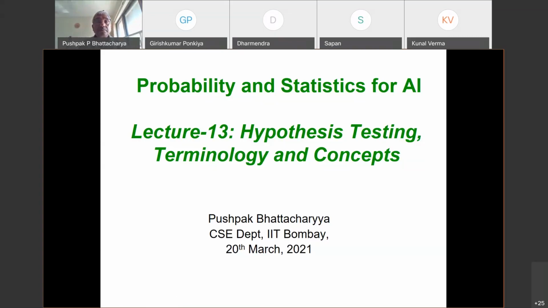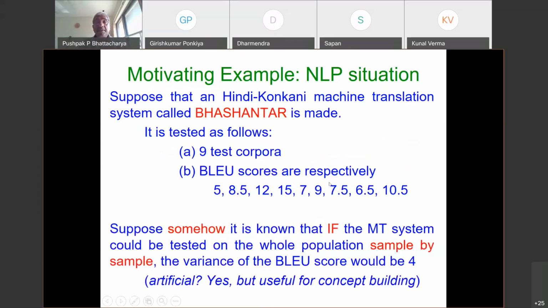Now, this example was shown some time back. An example adapted from Sheldon Ross's probability, a very celebrated book on probability, adapted to an NLP situation. So some of you would recall this example. A company has made a Hindi Konkani machine translation system, called Bhattacharyya.